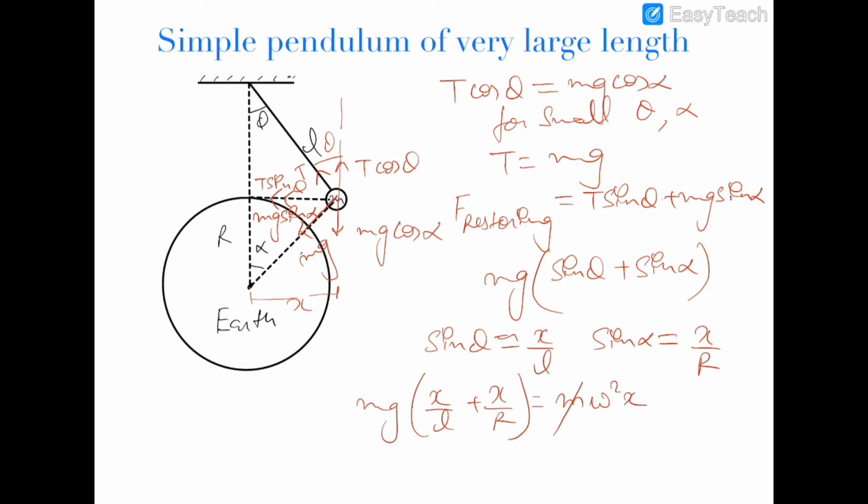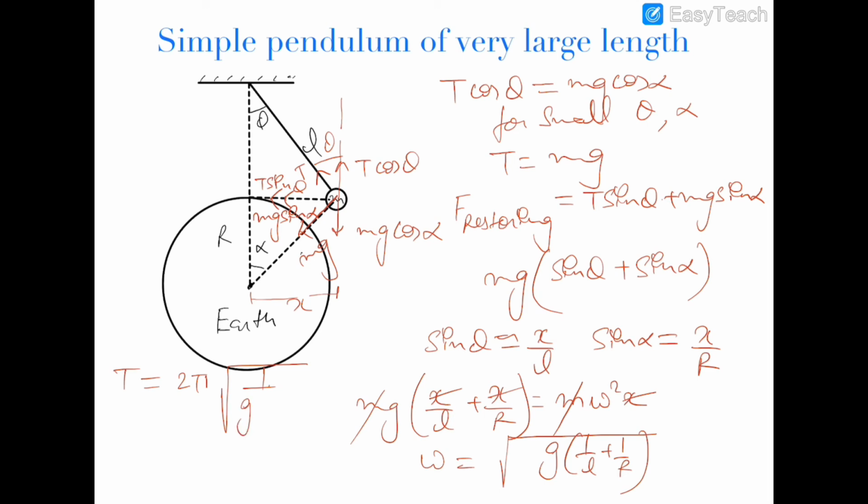So cancelling m with m and x with x, omega will be equal to under root of g into (1 by L plus 1 by r), and the time period T will be equal to 2 pi under root of 1 upon g into (1 upon L plus 1 upon r).